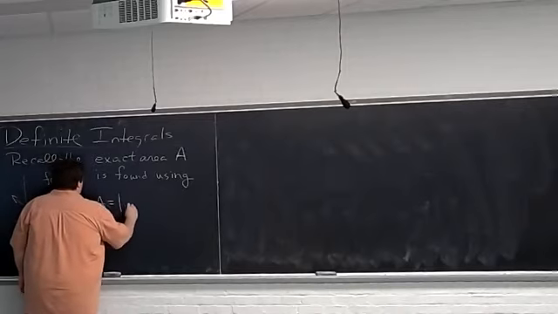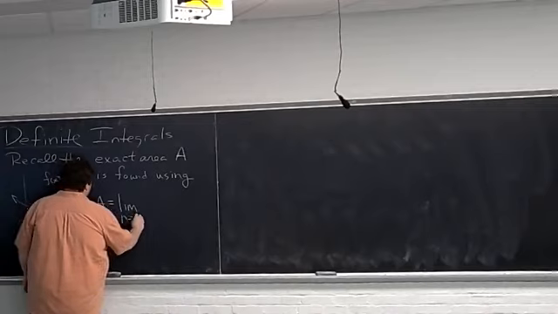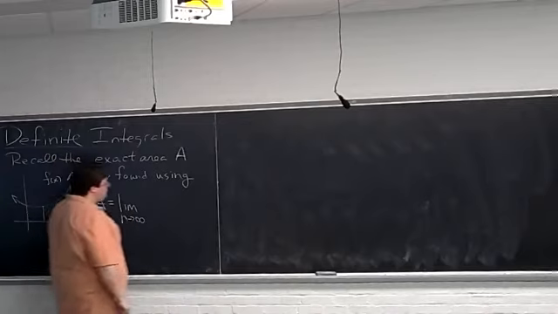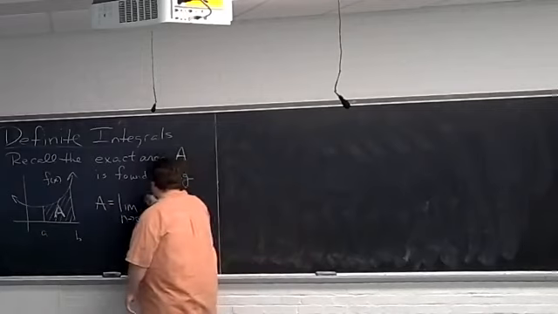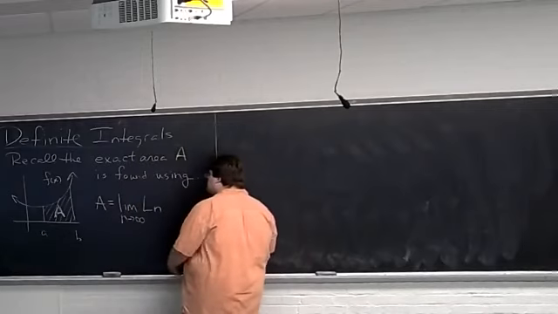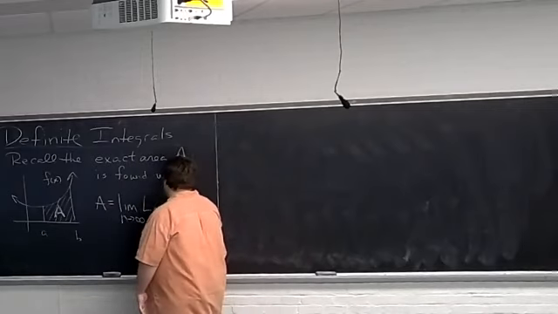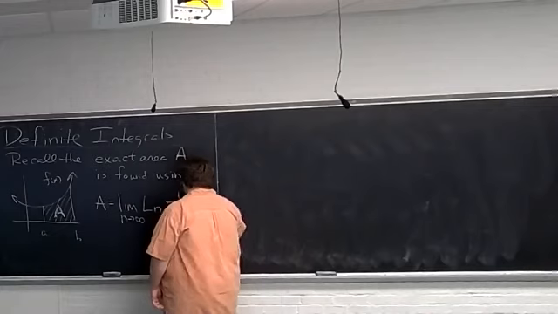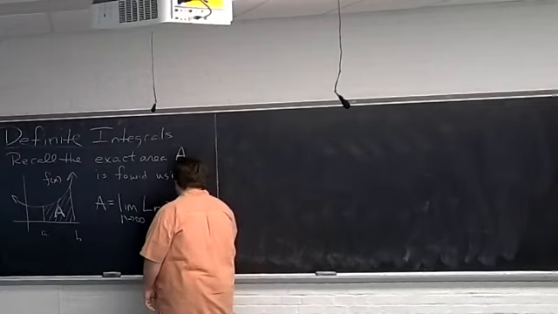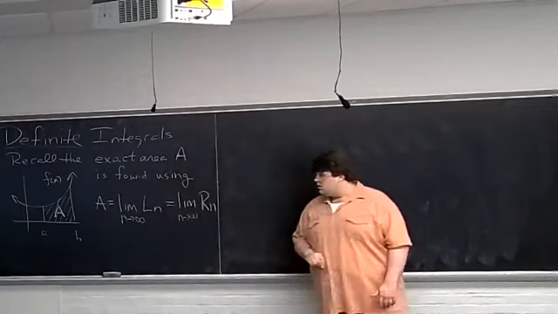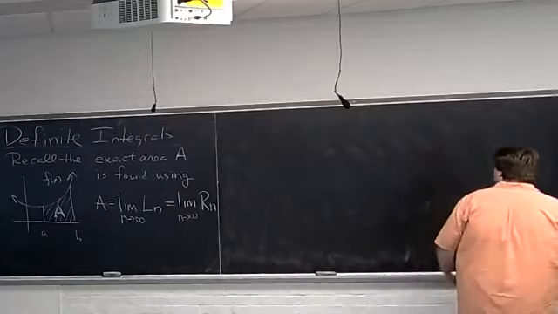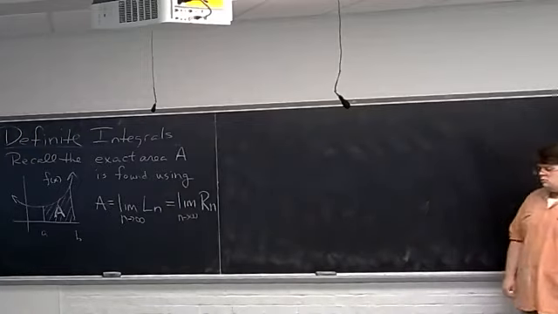Our approximation was with n rectangles, but if we let the number of rectangles go to infinity, the approximation became exact. We had 2 approximations, and in the limit, each approximation gave that exact area.